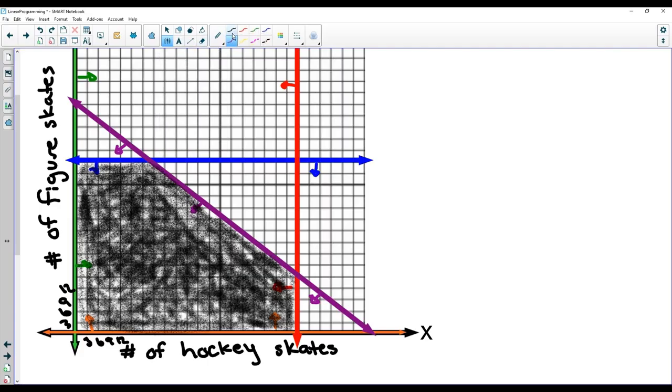So we are going to focus on here, here, here, here, and here. So I'm going to label these. I'm going to say that this is corner point 1, and then I can label this as corner point 2, corner point 3, corner point 4, and corner point 5.